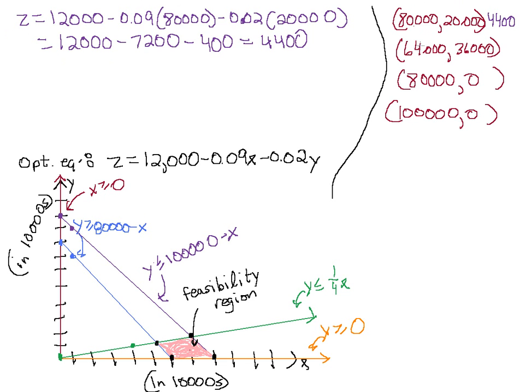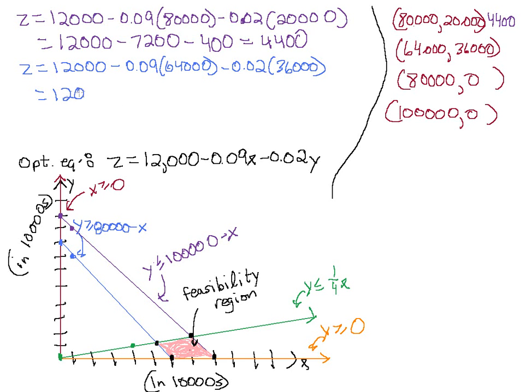All right, let's go ahead and try another one. Let's try this point, 64,000 and 36,000. So we have z equals 12,000 minus 0.09 times x, which is 64,000, minus 0.02 times y, which is 36,000. And let's go ahead and solve this.